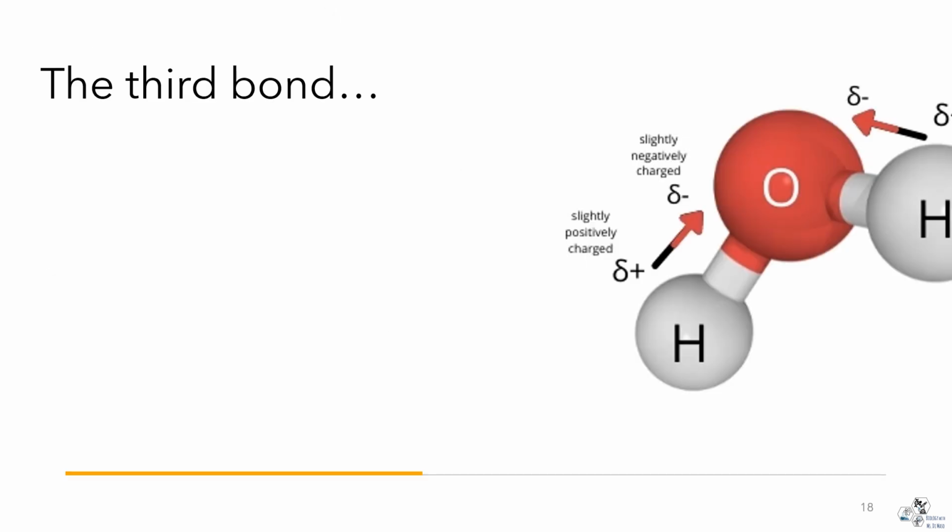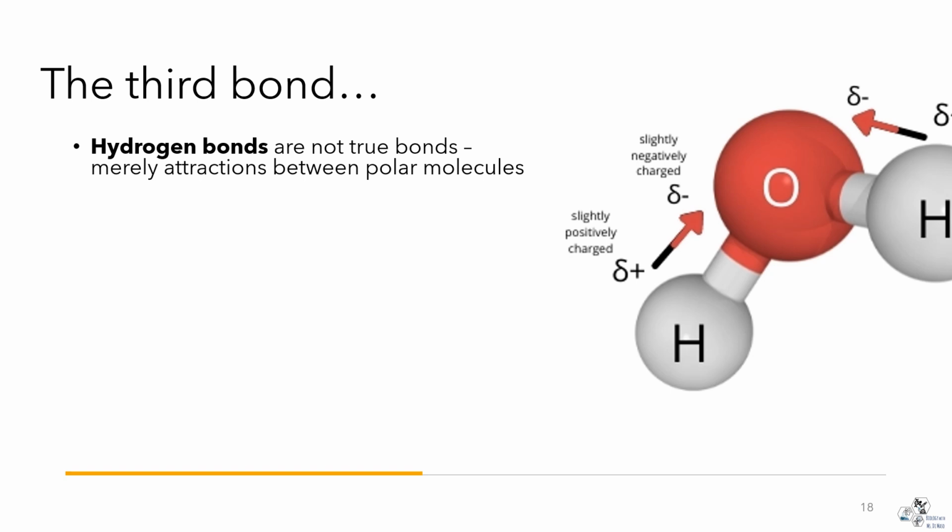But there is a third bond that tends to dominate a lot of interactions between molecules and compounds. This is not a true bond, but we call it one, and that is the hydrogen bond. So these are merely attractive forces between slightly negative and slightly positive areas on different molecules or different compounds.